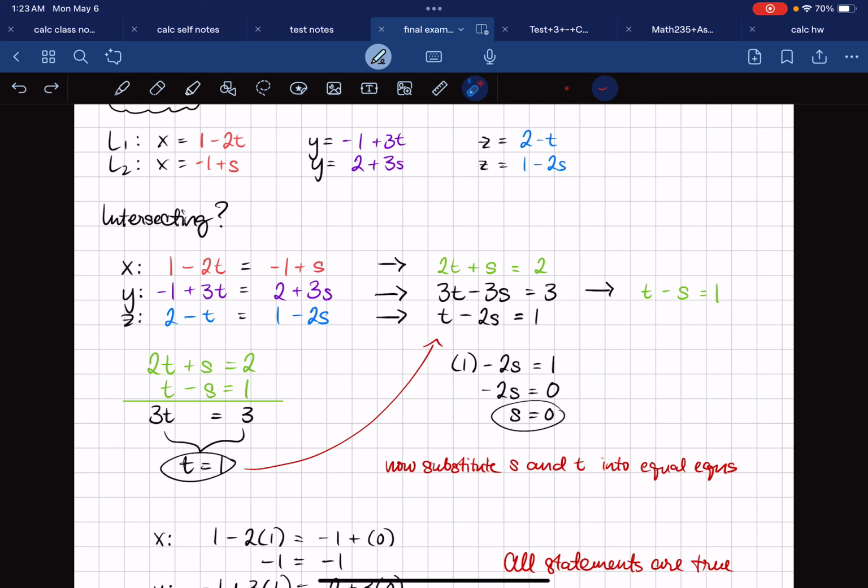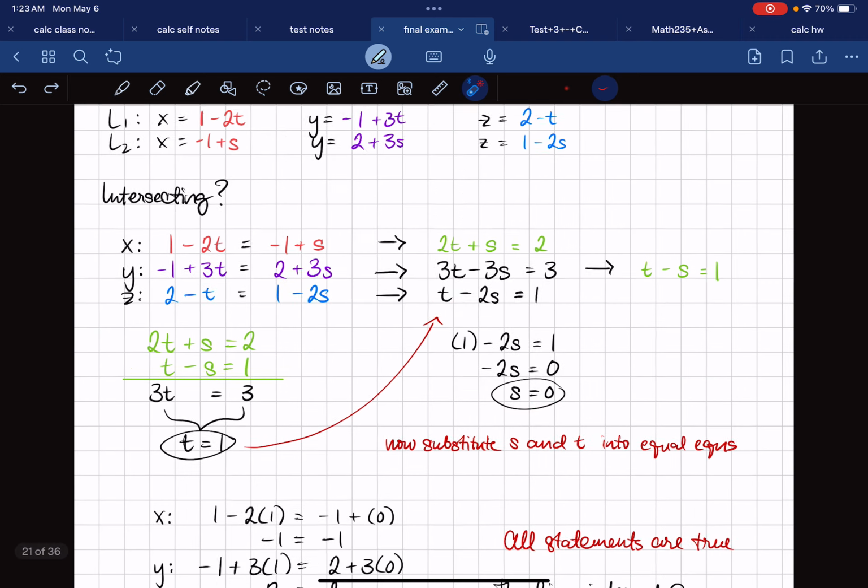I did substitution, and I found that t is equal to 1. Then I plugged that back into here. You could plug it into any of these equations and get the same answer, but I plugged it into here because I haven't used it yet. And then we get s equals 0.